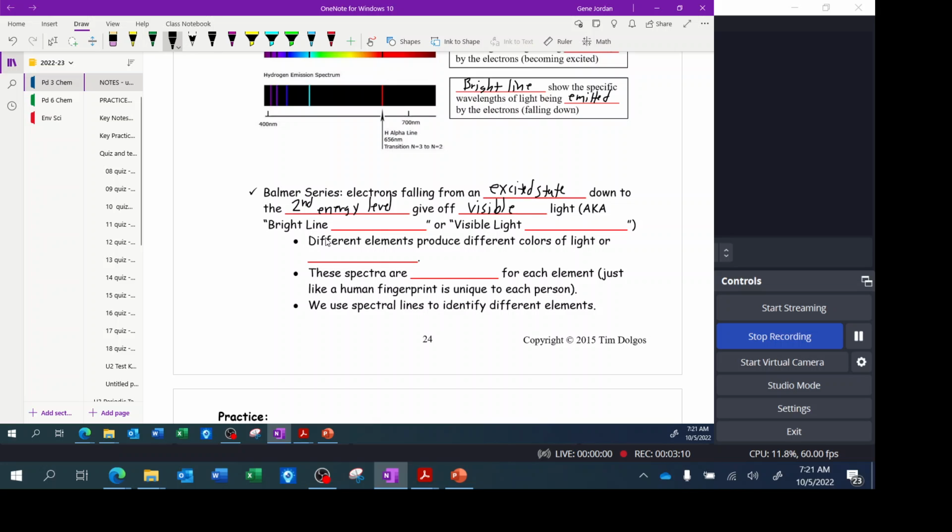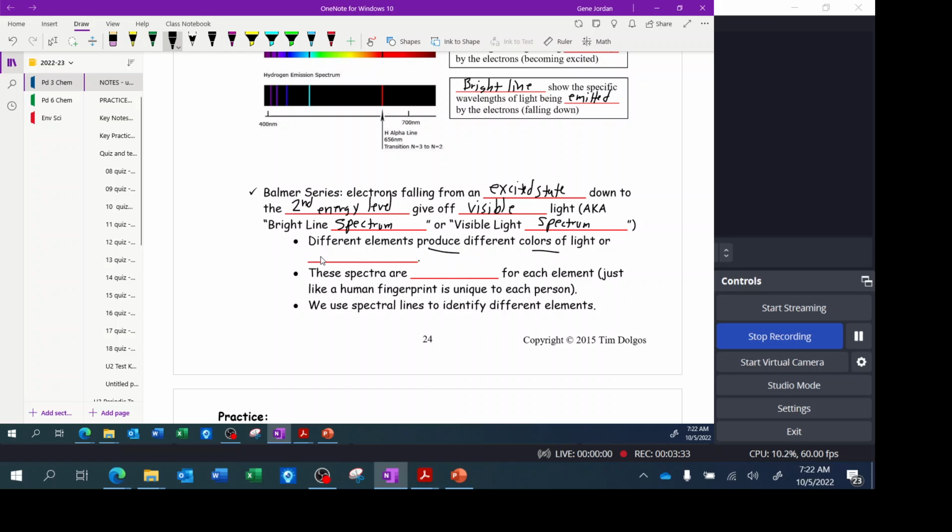It gives off a bright line spectrum. A spectrum is a collection of light on a certain frequency. And again, it gives us a visible light spectrum. So both of those are the same ideas. Different elements produce different colors of light.